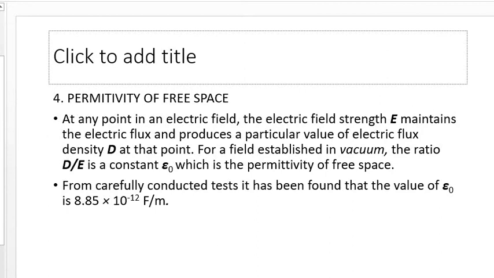So for a field established in vacuum, the ratio of electric flux density to the electric field strength is termed epsilon naught, or permittivity of free space. So the ratio is of electric flux density to the electric field strength in vacuum. That's the permittivity of free space. Scientists have discovered that that value is a constant. It's 8.85 times 10 to the power negative 12 farads per meter.